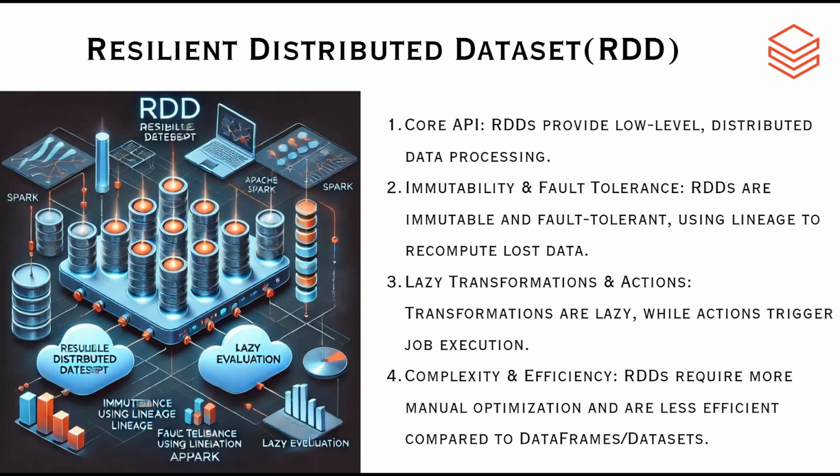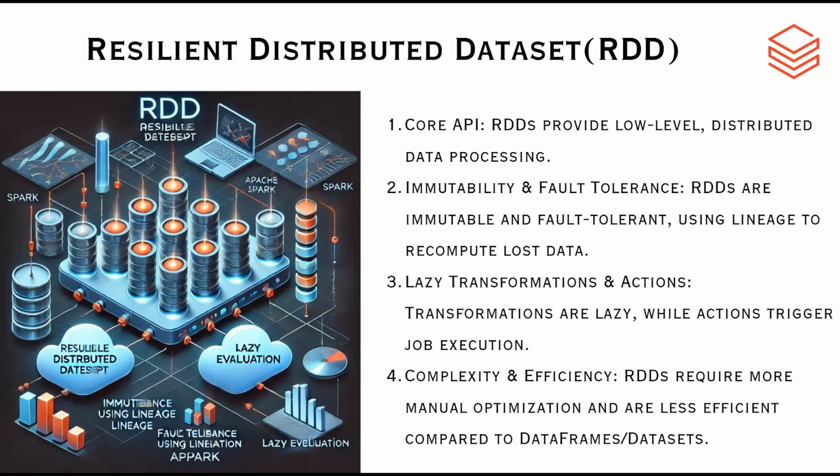So developers need to write explicit code for operations like caching, partitioning, and optimization, which can be difficult for large scale operations. Additionally, RDDs also lack internal optimizations, which leads to inefficiencies in the execution, especially in complex queries.